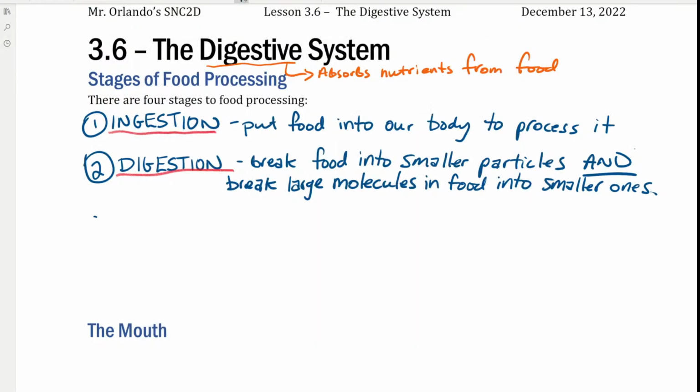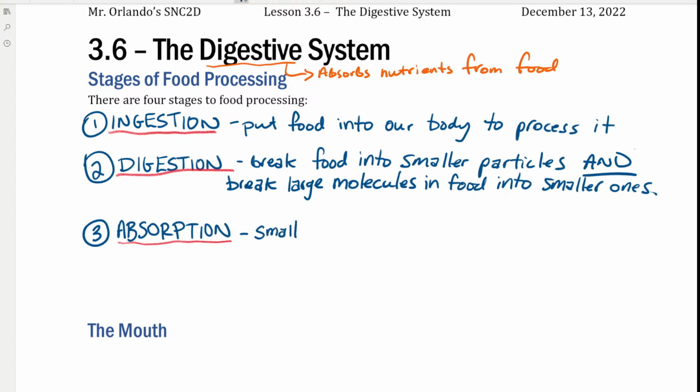After we have digested food, after we've taken the big pieces of food and broken them into small ones, and then taken the big molecules inside of food and broken them into smaller ones, then we're ready to actually take those smaller molecules, which will serve as nutrients for us, and absorb them.